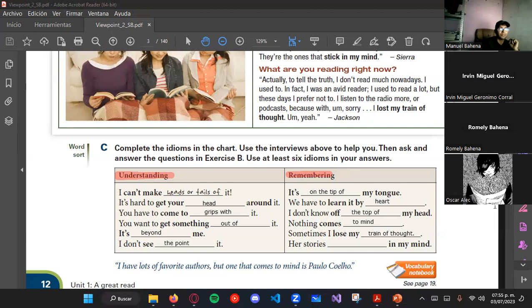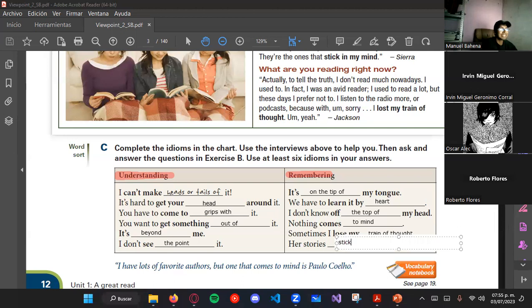Sometimes I lose my train of thought. A veces me pierdo en mi cabeza, se me pierden mis pensamientos, a veces se me va la onda. Okay, sometimes I lose my train of thought. A veces se me va el tren, tal cual como decimos, se me va el tren, se me va la onda. Okay? Yes.